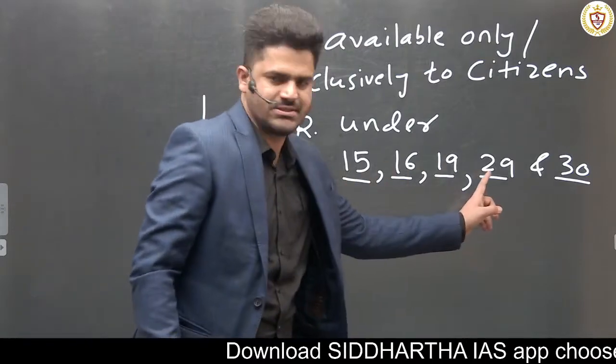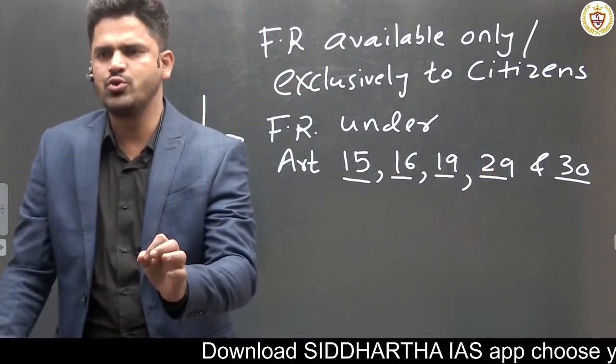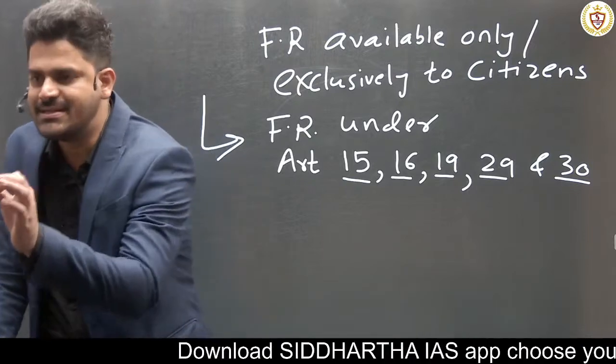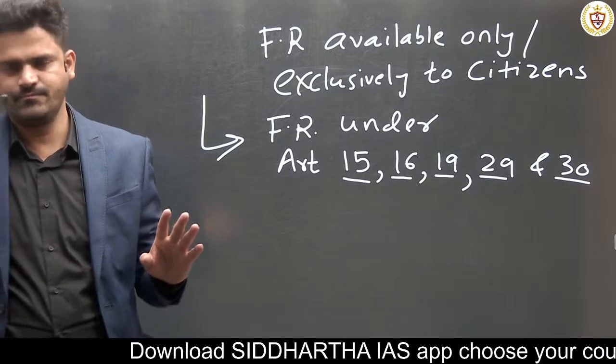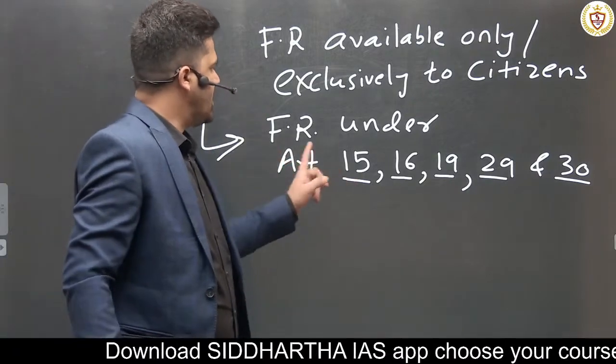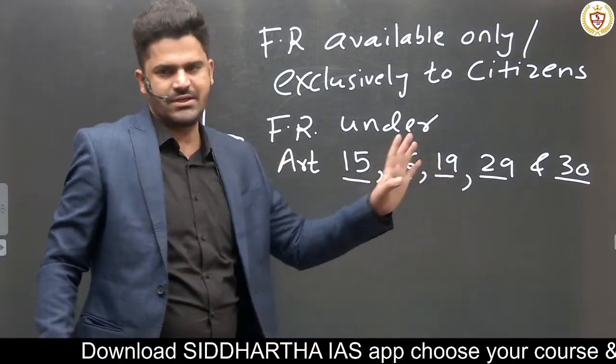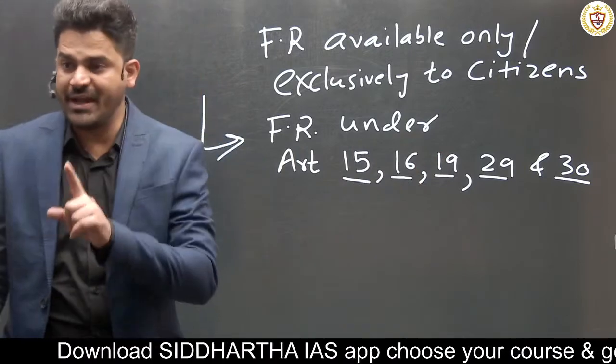These fundamental rights are available to only citizens. They are not available to foreigners. Fundamental rights under article 15, 16, 19, 29, 30. Don't forget this. This is very important.